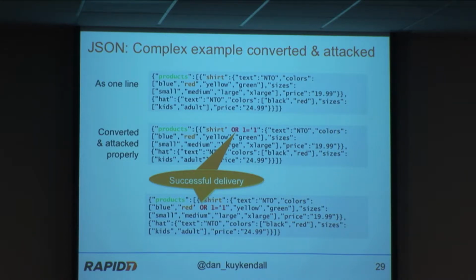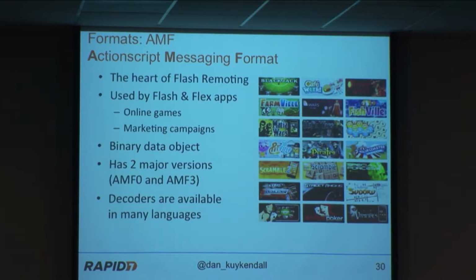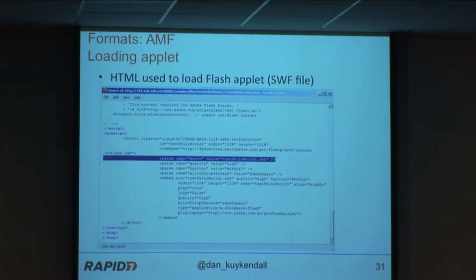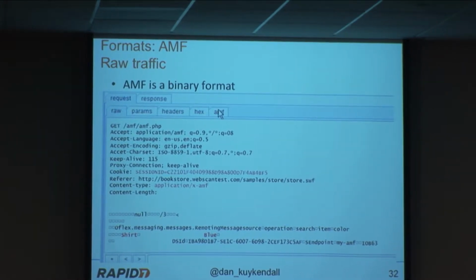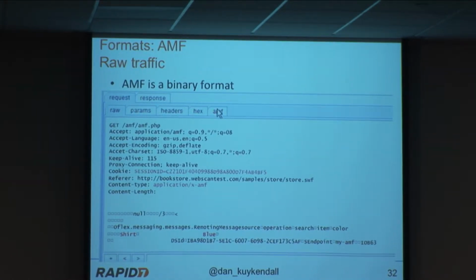There are some other oddities, and this isn't just JSON. You could do this to even AMF, which again isn't used as much. But with AMF, it's actually objects that are being passed. So it looks like binary. And you'll see this from time to time in various apps, various services that you're testing, especially as you're dealing with REST interfaces that are used by thick clients in some cases.